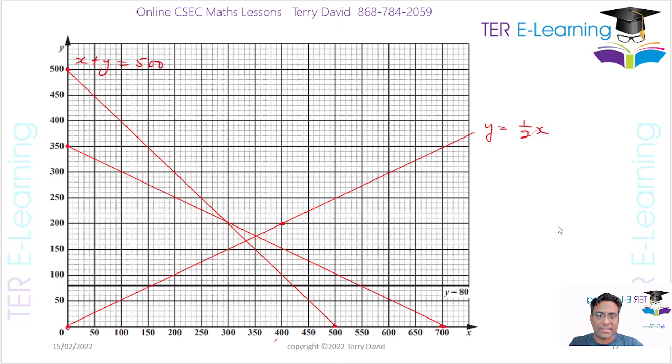So that's my line, where x plus 2y equals 700. So this here is x plus 2y is equal to 700. That's my first step, guys. You need to be able to draw these lines first of all before we can do anything. So my next step now is to actually shade the correct regions.